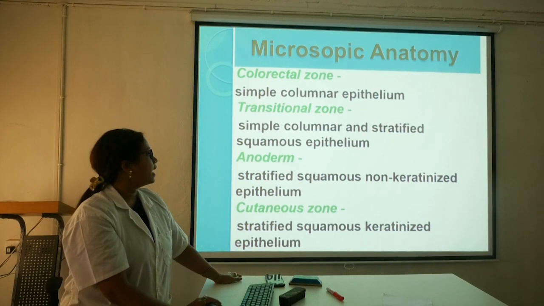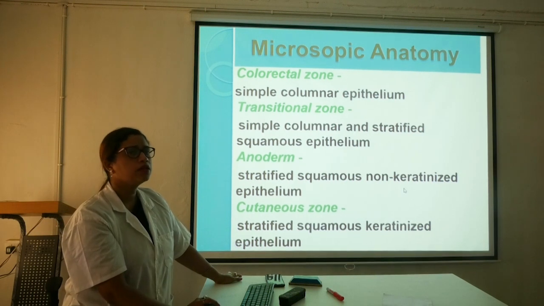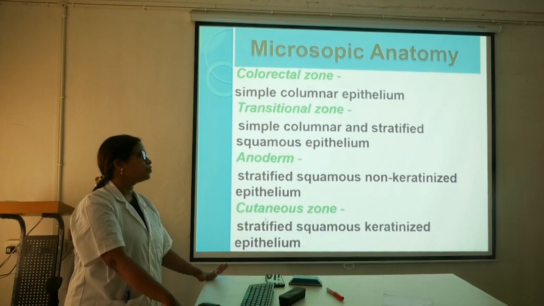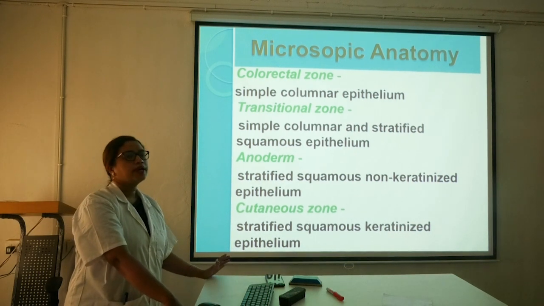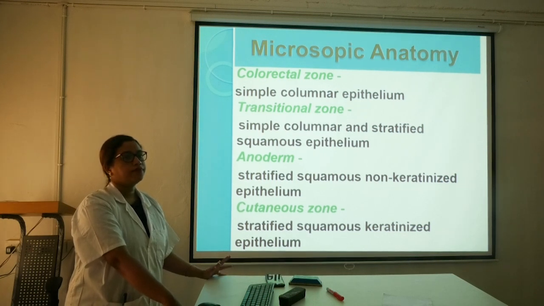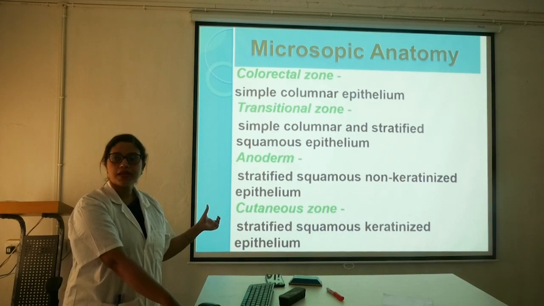Okay. Then the anoderm is lined by stratified squamous non-keratinized epithelium. And the last epithelium, that is the Brittonian zone, is lined by stratified squamous keratinized epithelium. So which one is similar to the esophagus?